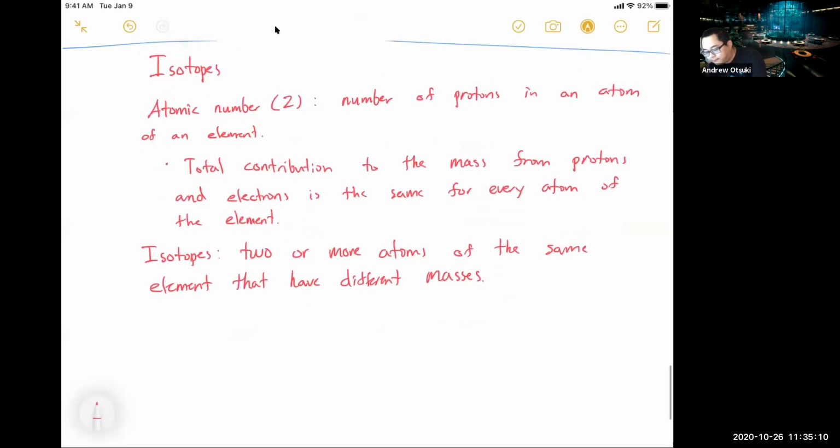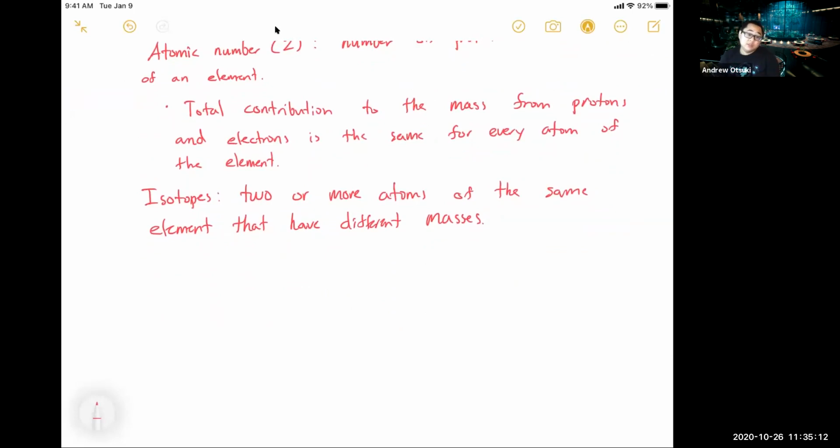Well, the neutrons differ. They differ in number of neutrons, or N value. The isotopes are always identified by their mass numbers.